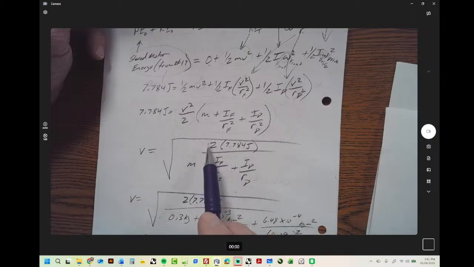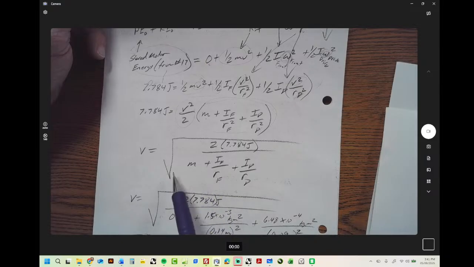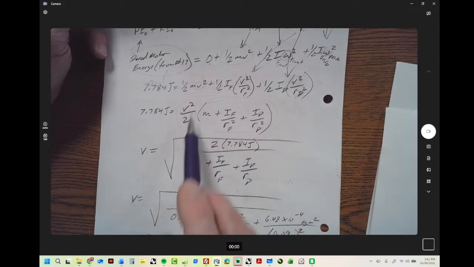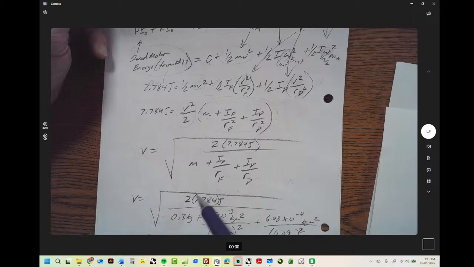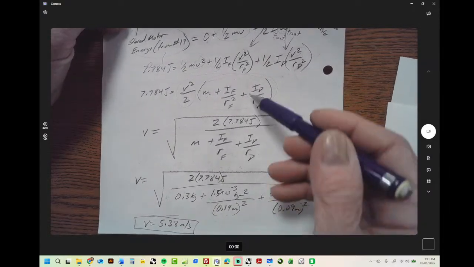And when I divide both sides by all this, on the left side I get this over this. And then when I take the square root of both sides, I get this on the left side, and all that was left over on the right was v squared, and then when I took the square root, I got v. So trust me that my steps were right here.